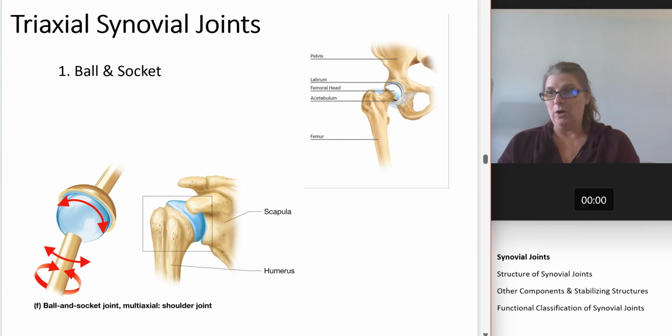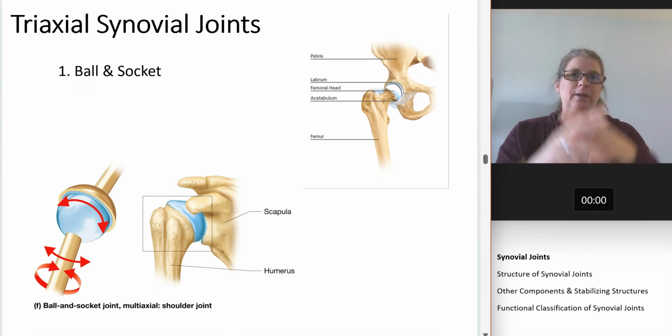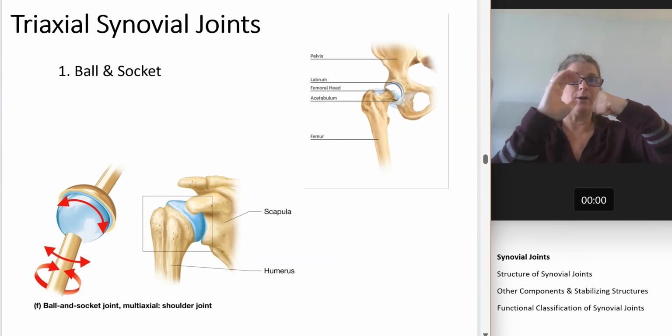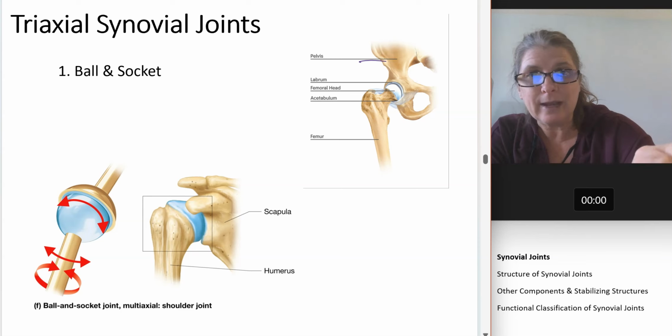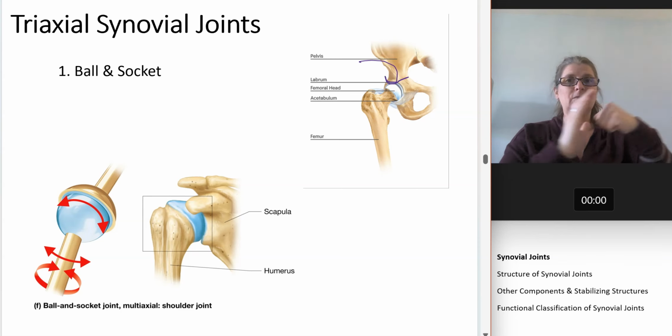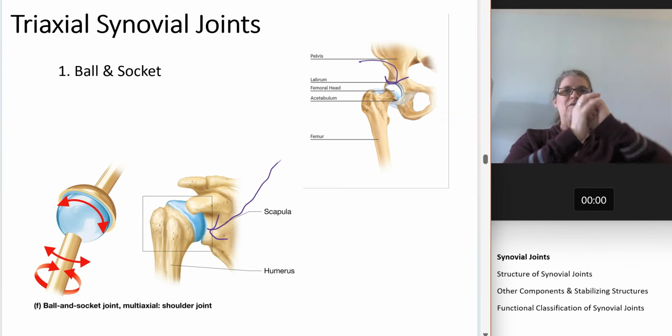And then the one that you all know is triaxial. These are triaxial or multi-axial, the classic ball and socket, right? You've got the head of the humerus or the head of the femur. The head of the femur sits right inside that deep socket, the acetabulum. The head of the humerus fits into the glenoid fossa. And so, again, you have multiple movements.